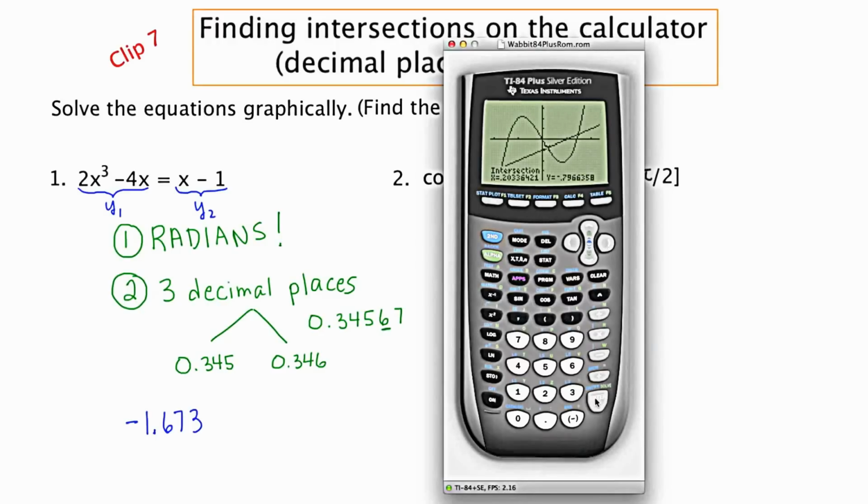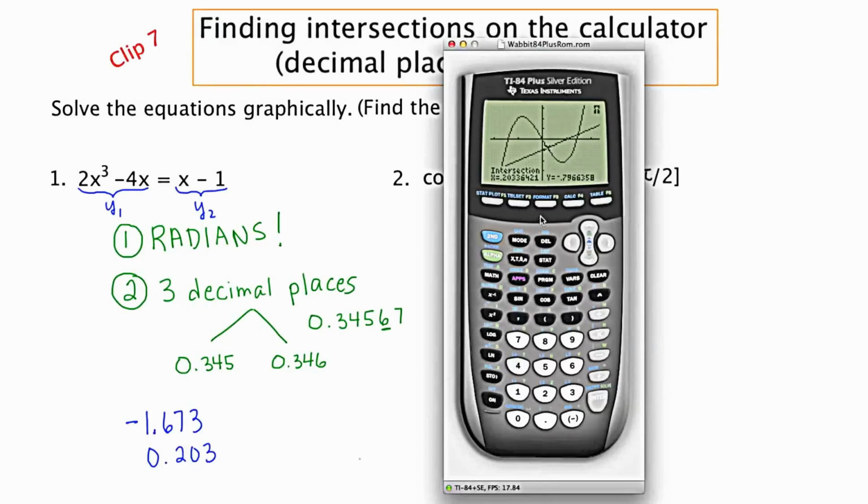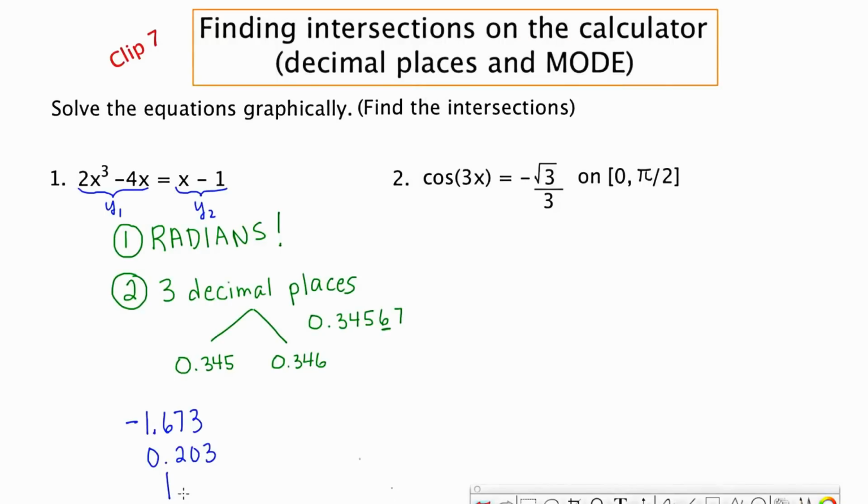Again, only concerning myself with the x value, I have 0.203. And finally, for the last one, over to the right, I end up getting 1.469 or 1.470. So these 3 represent approximate solutions to this equation.